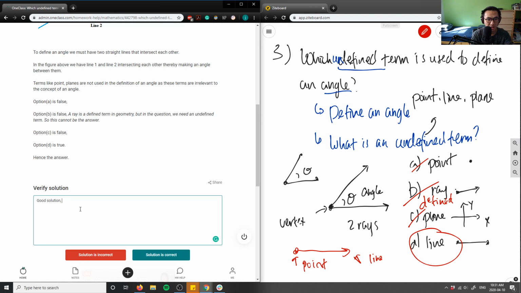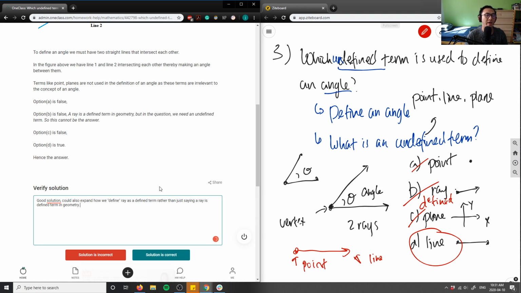I'm also going to write here that they could expand on how we "define" a ray as a defined term, rather than just saying a ray is a defined term. Like, why is it a defined term in geometry?